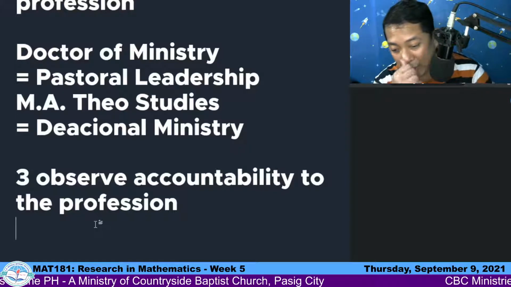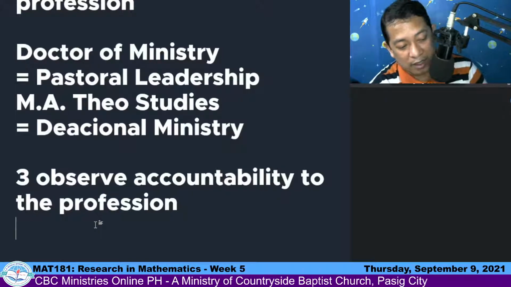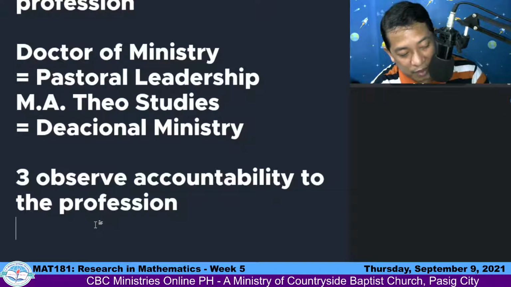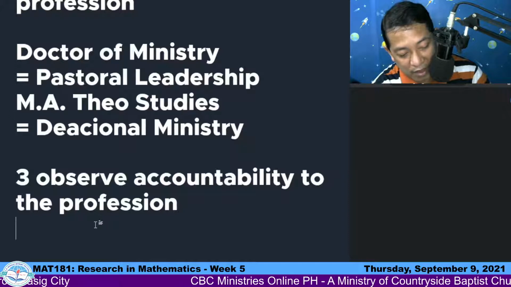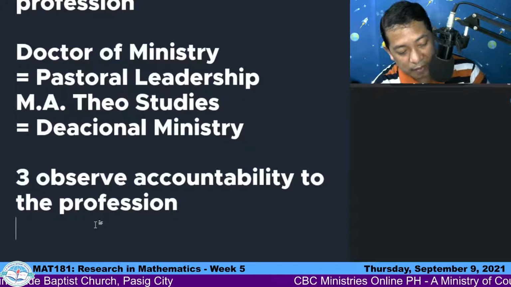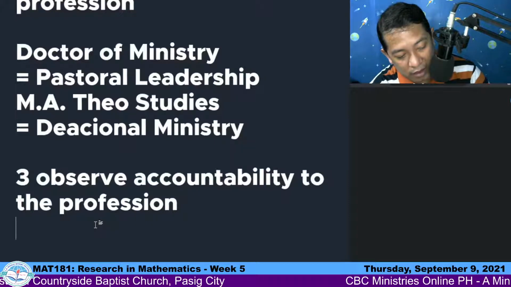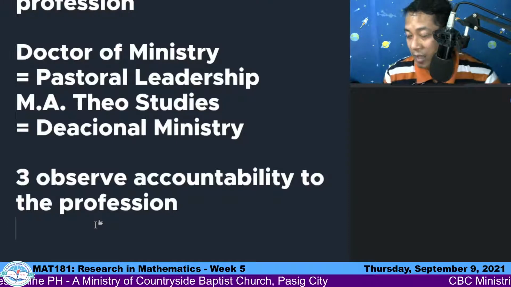To observe accountability to the profession, every action conducted by a professional must have a rationale. So these are principles: why a teacher has to prepare a syllabus or curriculum, why a manager needs to plan, why a teacher needs to conduct studies. All professionals must be accountable for each task that they perform. Of course, napakahalaga niyan.